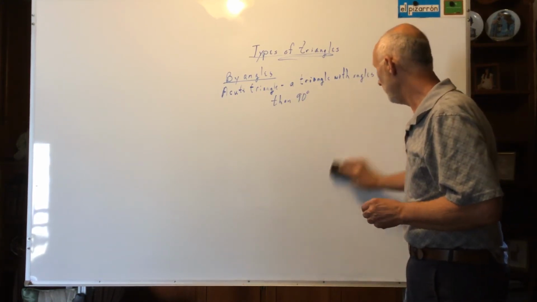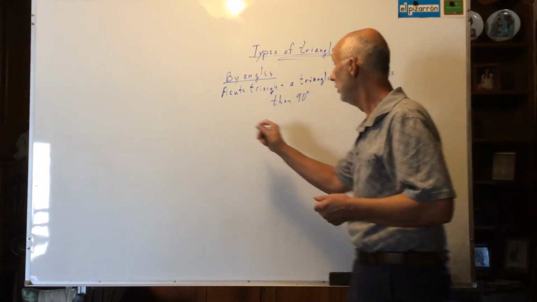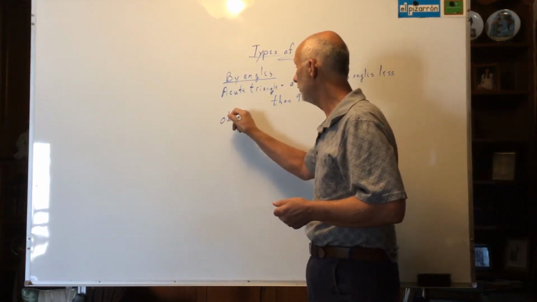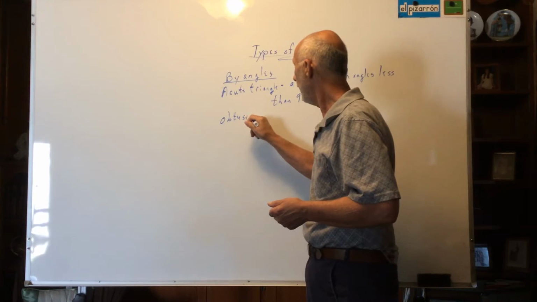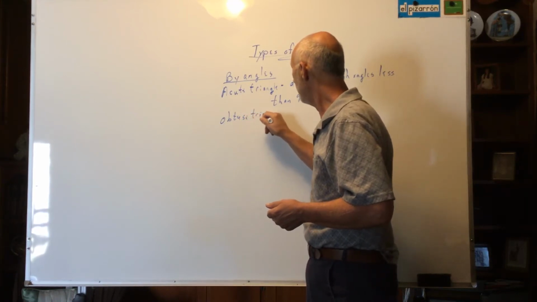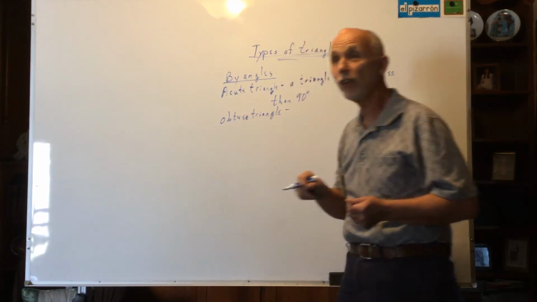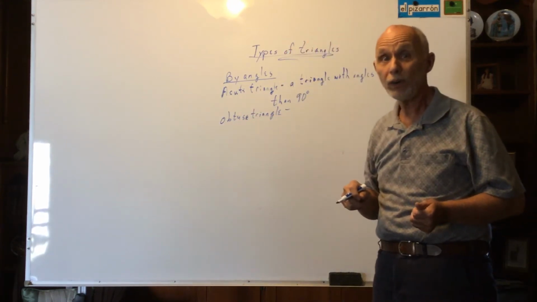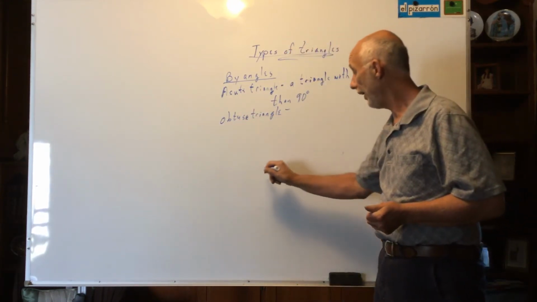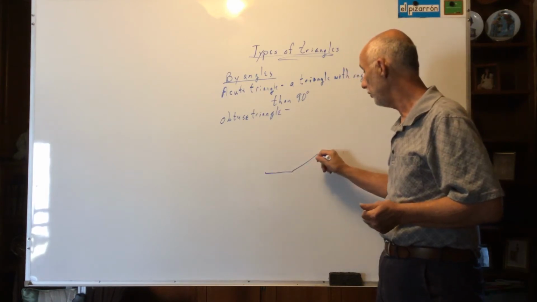Now the next one, you could almost guess, would be an obtuse triangle. And you say to me, oh wait, I know, all three angles are greater than 90 degrees, duh. But no, it's not right, because you can't have three angles greater than 90 degrees.